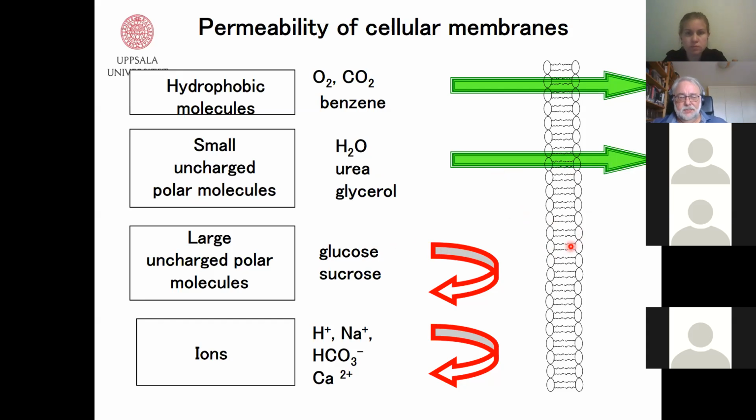So you need a transporter for sugars to get inside the cells. And ions definitely cannot penetrate. So the whole paradigm of cell biology is based on the impermeability of the cellular membrane to charged ions.